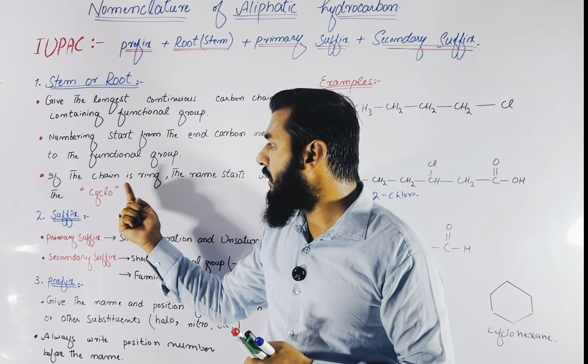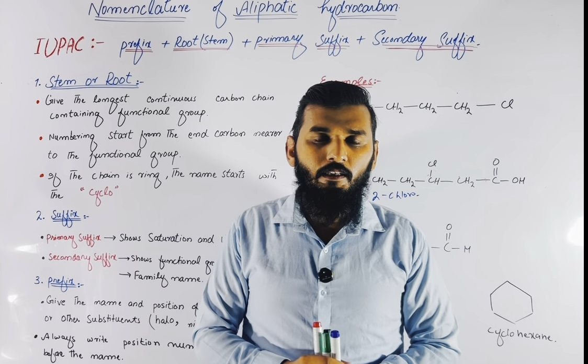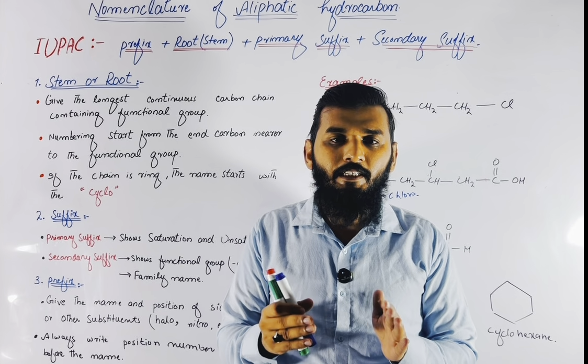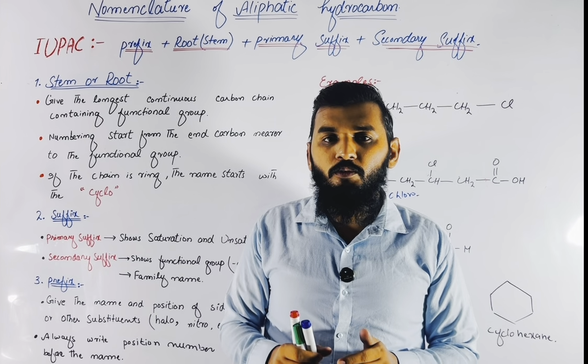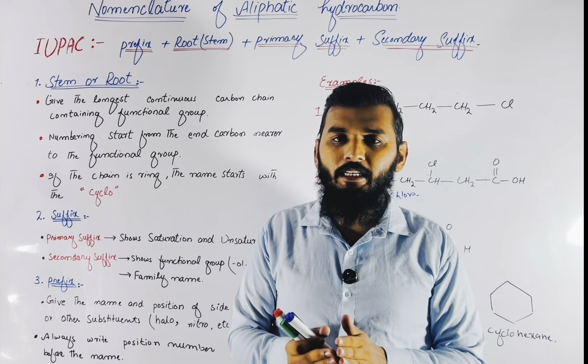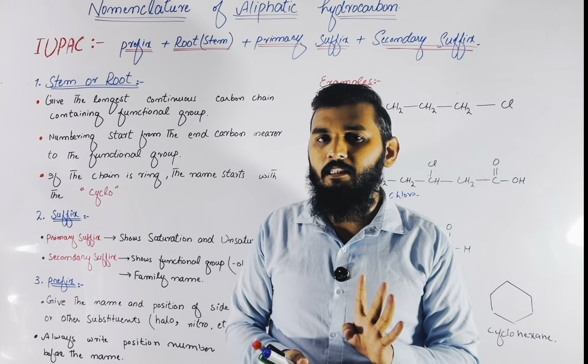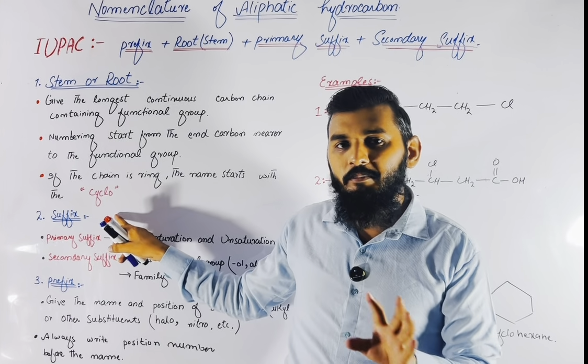Third, if the chain is a ring, the name starts with cyclo. For example, 4 carbon atoms connected to each other with no terminal carbon atom. Then we use the name butane, called cyclobutane, because butane is used for 4 carbon atoms, and cyclo because there are no end or terminal carbons.